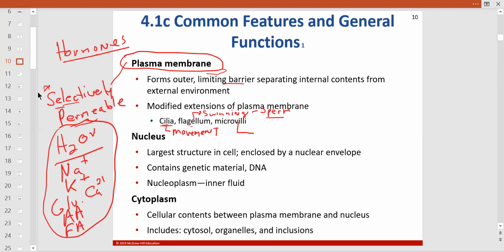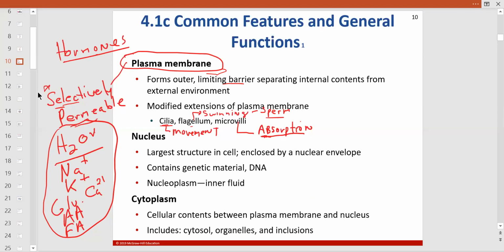Microvilli is for absorption. So remember we went to Popeyes and we ate the carbohydrates, we ate the proteins, we ate the lipids, the triglycerides. So our digestive system is going to break down those carbs, proteins, and lipids into the smallest products.